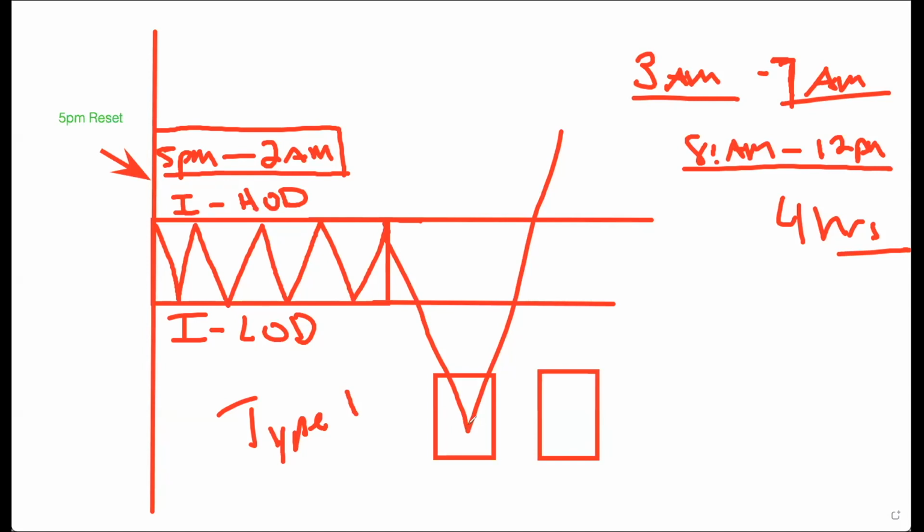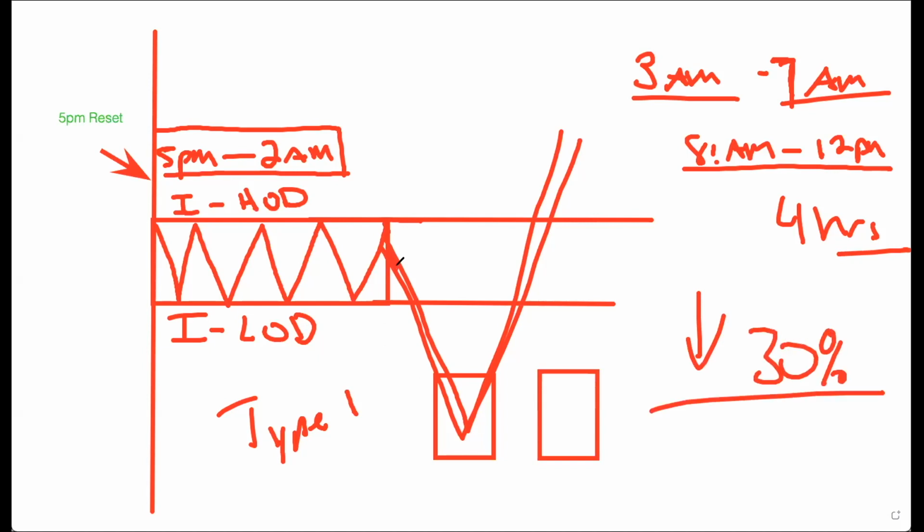Because what we found is if you start trading this right here, this just V shape, your winning percentages actually go down by 30%, because not all of these actually end up working out.